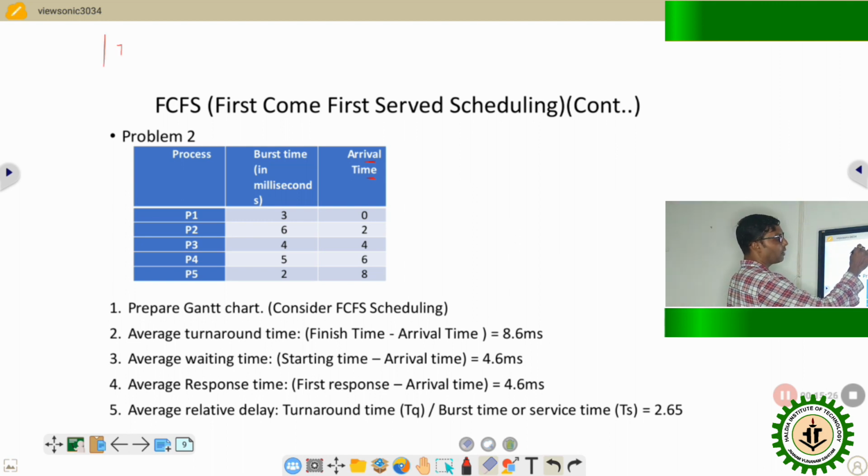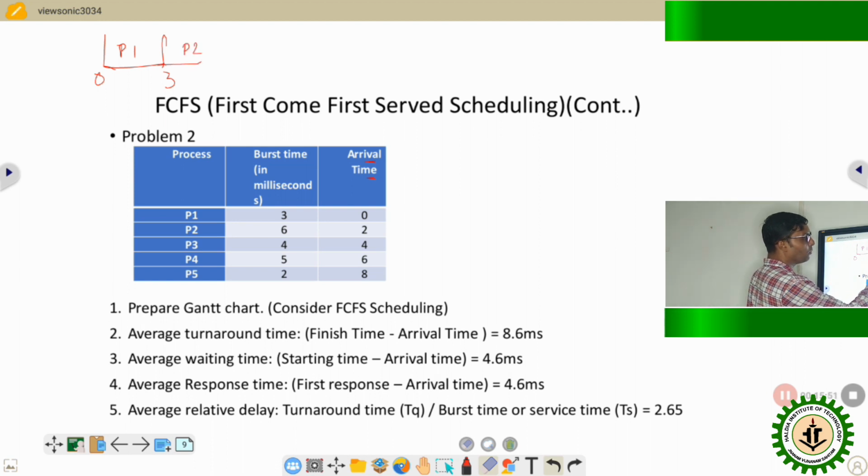For process P1, the arrival time is 0 and the burst time is 3. Now P2's arrival time is 3. When it is 3, that means process P2 has already arrived in the system, so we can consider P2 now. P2 burst is 6, so it is 9.